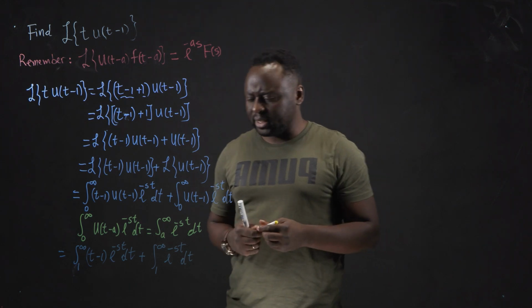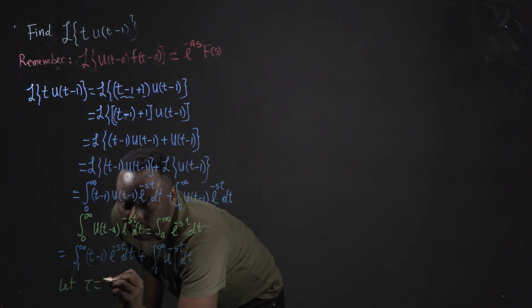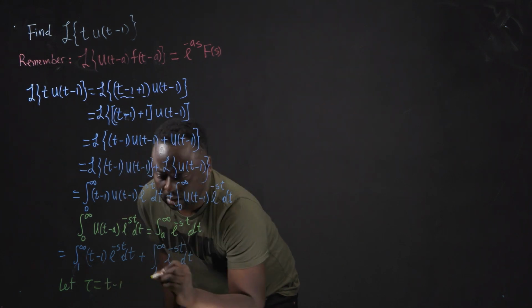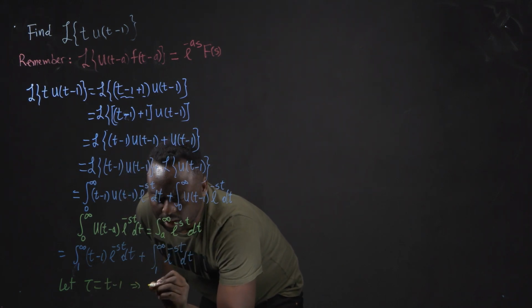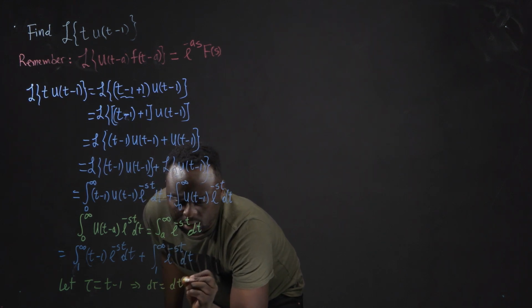I want to also make this change of variable. Let tau be t minus 1. This means that d tau is equal to dt.